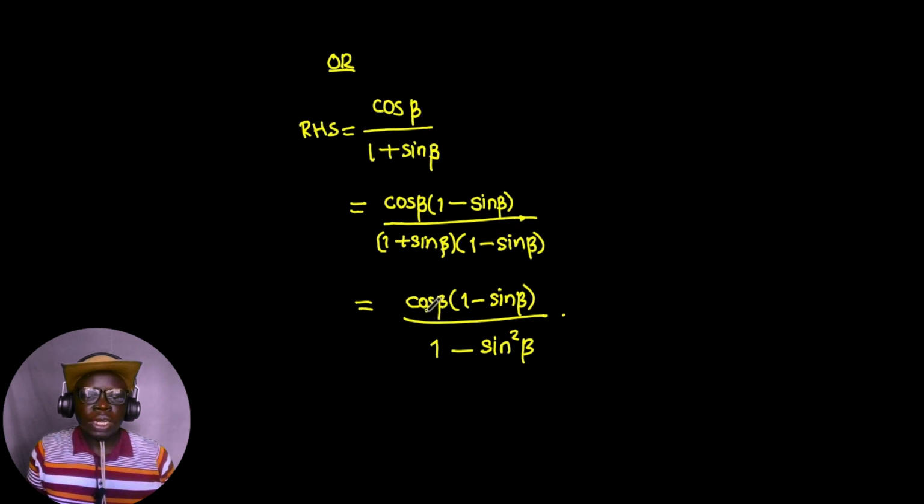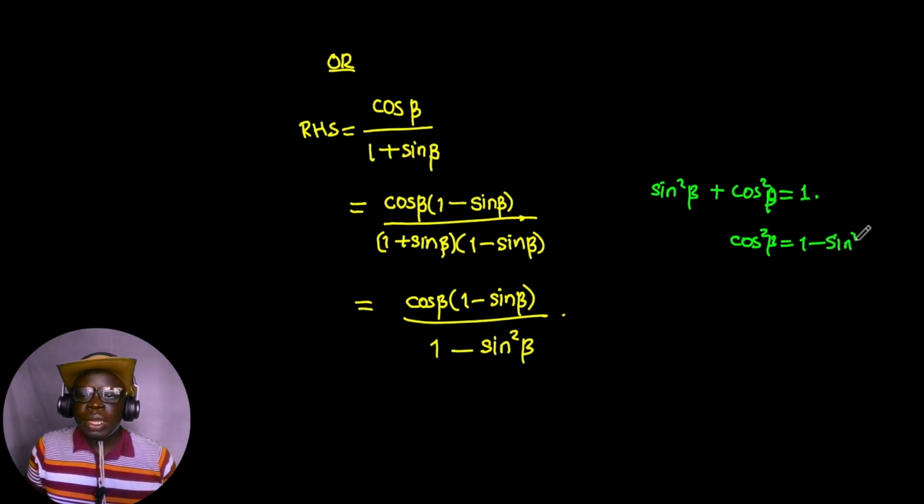Since the expression from the left hand side doesn't have cosine in the numerator, we need to get rid of this by writing from our identity, sine squared beta, for now the angle is changed, plus cos squared beta. So therefore, cos squared beta is the same as 1 minus sine squared beta.